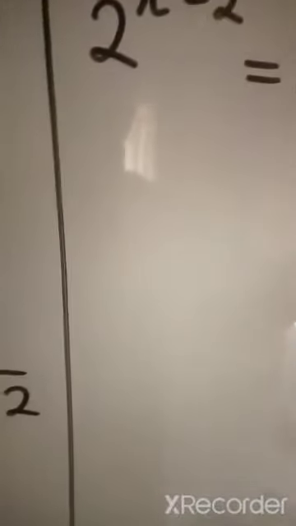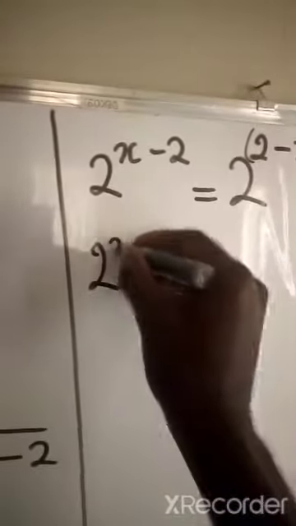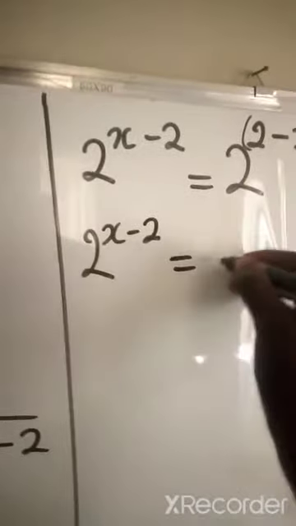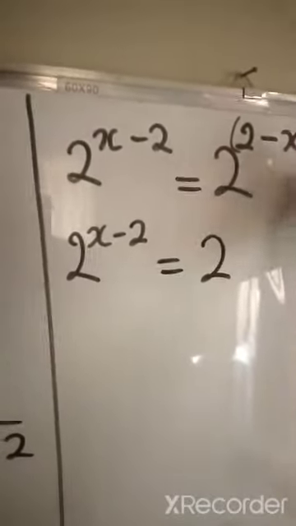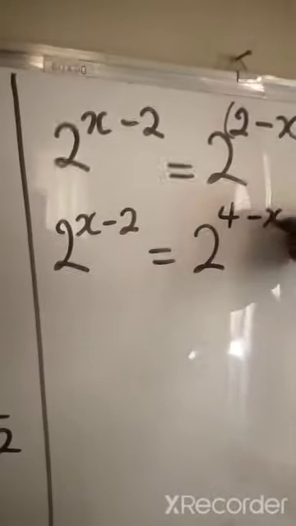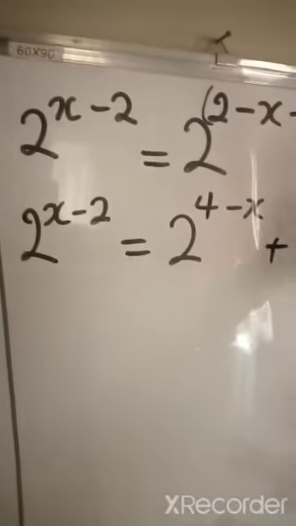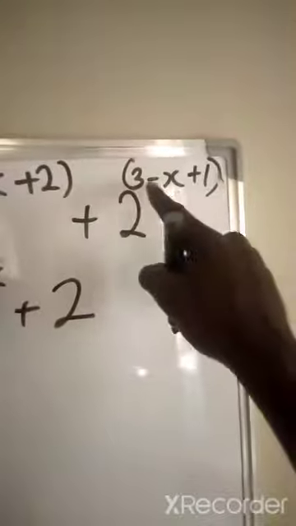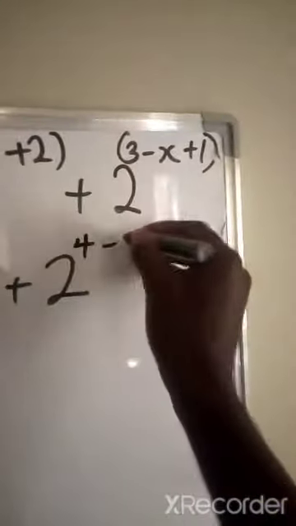Then put your brackets. Now this will give us 2 raised to the power of x minus 2 is equal to 2 raised to the power of 2 plus 2, which gives us 4 minus x, plus 2 raised to the power of 3 plus 1, which also gives us 4 minus x. You see they are the same. They are the same.